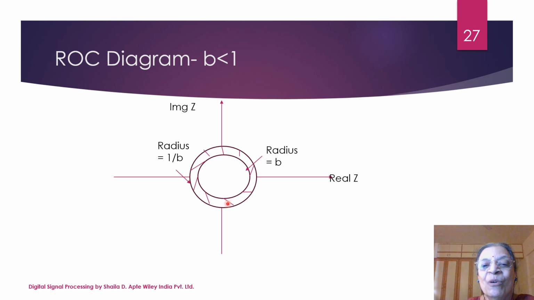In that case the common area will exist, and this will be the region of convergence for the first term as well as the second term. Right, in this case if b is greater than 1, then this radius b will go outside and this radius 1 by b will come inside, and there is no common area of convergence.